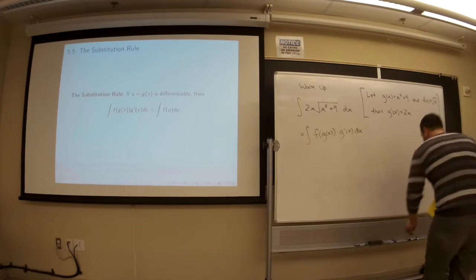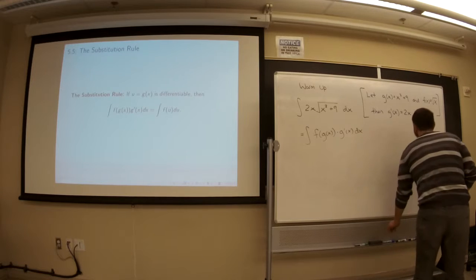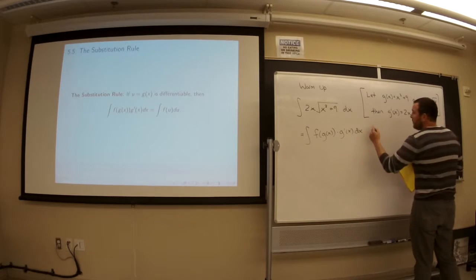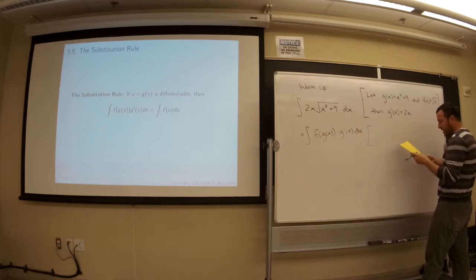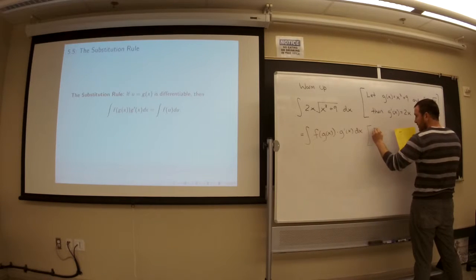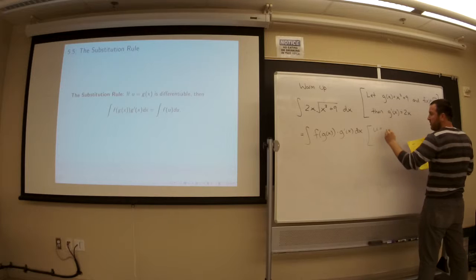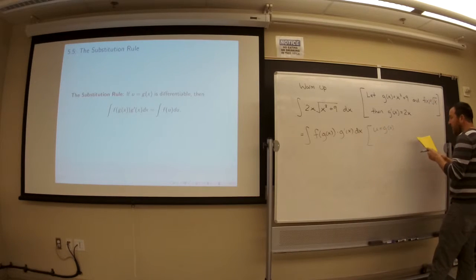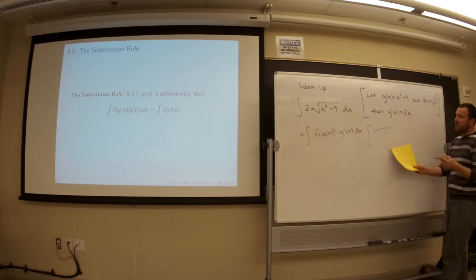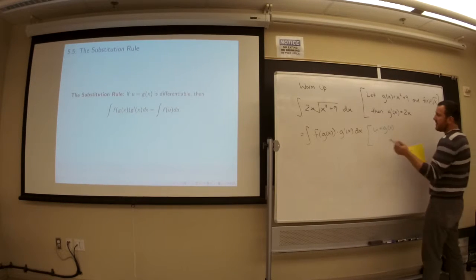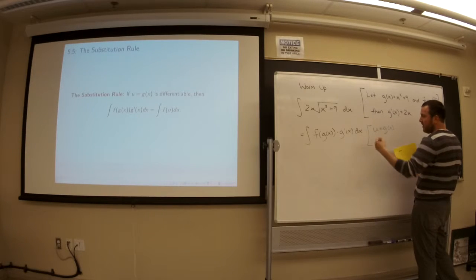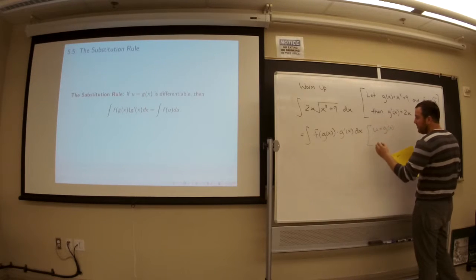And then just to show how we're going to do it for more complicated examples, what we normally do is say that u is equal to that inside function, g of x, and then take the derivative of this equation. This is kind of shorthand, but it allows you to make sure that you're setting up the substitution for the integral in terms of u the correct way.